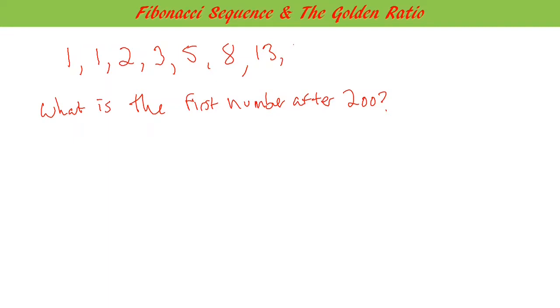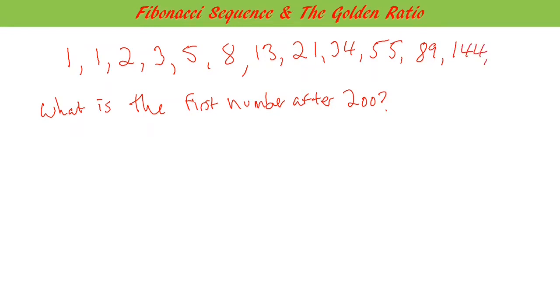So 8 plus 13, 21. 21 plus 13, 34. 34 plus 21, 55. 55 plus 34 is 89. 89 plus 55 is going to be 144.